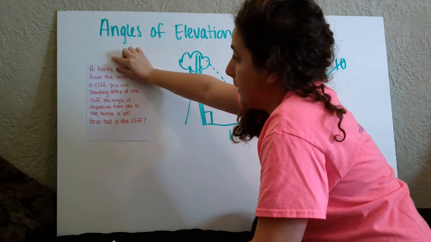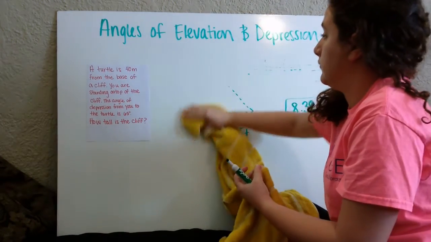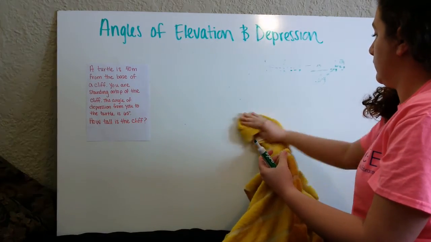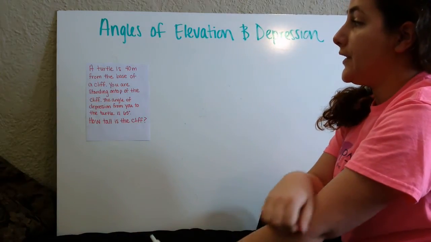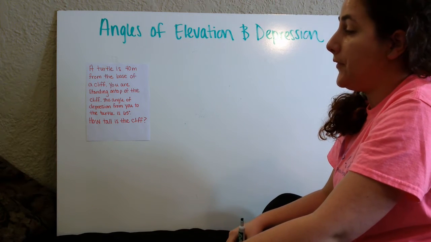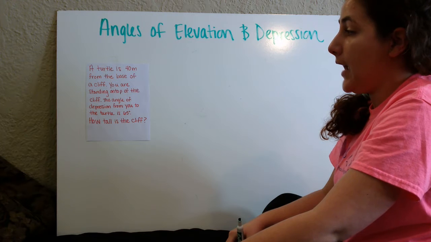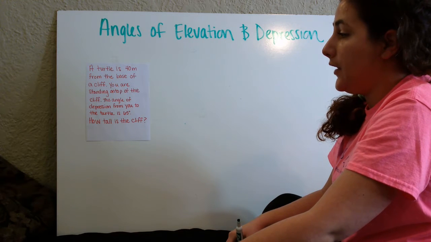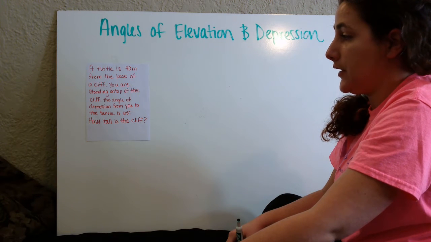This one's going to be about a turtle. A turtle is 40 meters away from the base of a cliff. If you were standing on top of the cliff, the angle of depression from you to the turtle is 65 degrees.